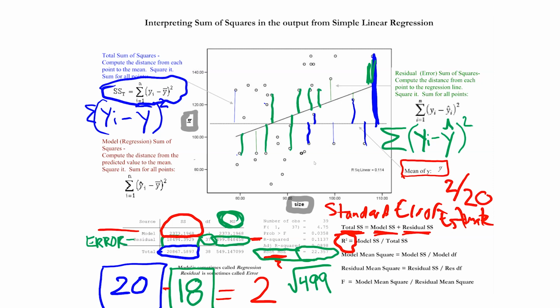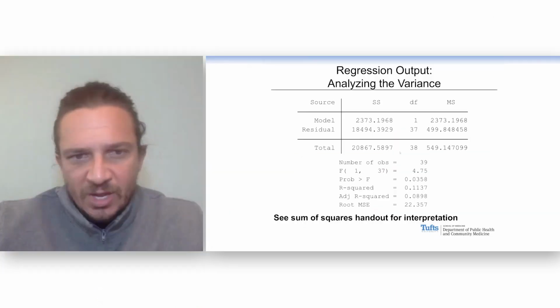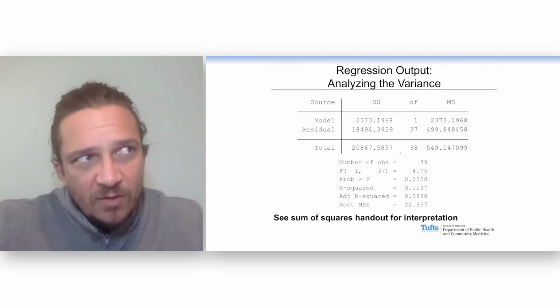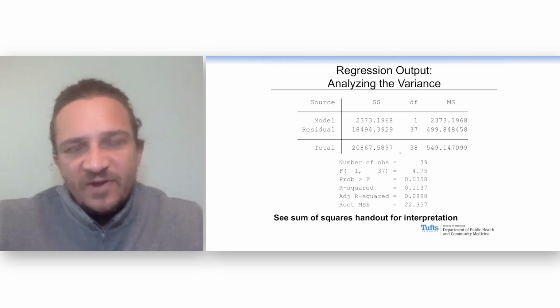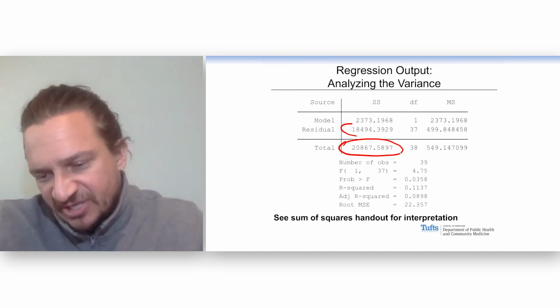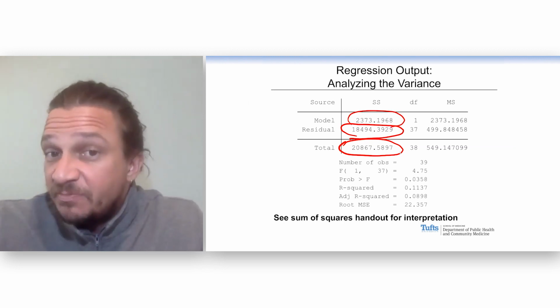Let's look through some slides that recap this information in a little more detail. So we saw that nice example of the sum of squares handout, which parsed out some of the variability. How much total variability is there? How much is left over after I fit the model? The difference must be how much the model explained.